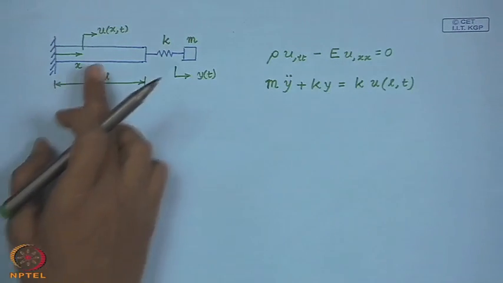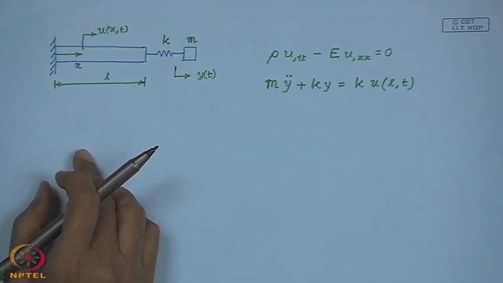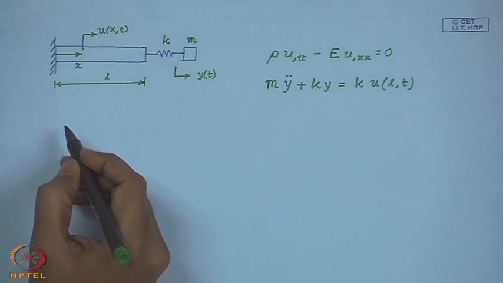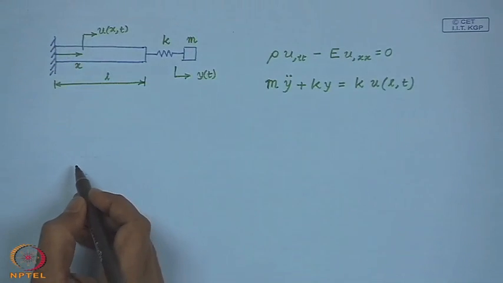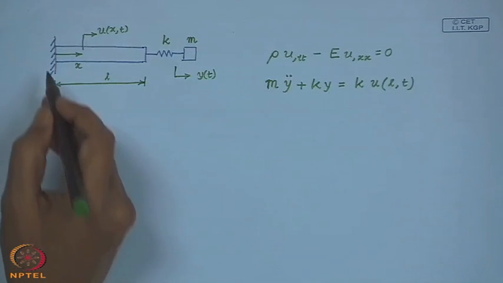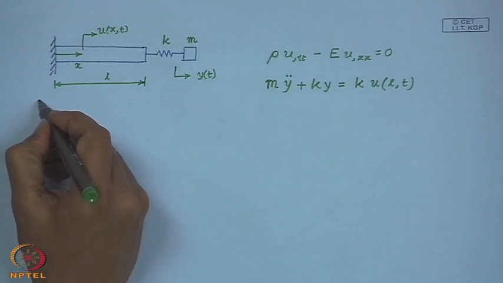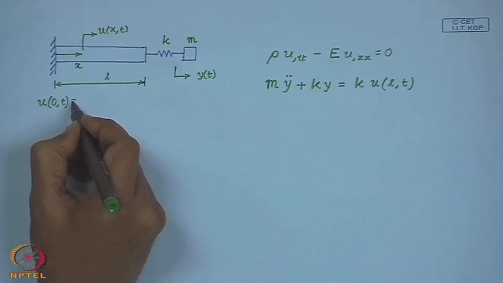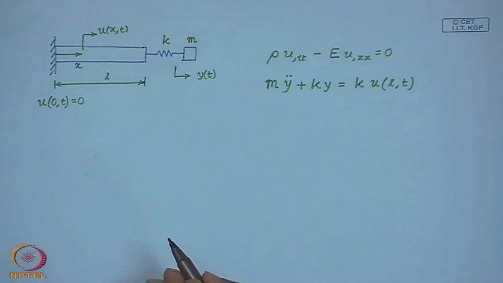Now, let us look at the conditions at the boundary. So, at this end of the bar, it is completely fixed. Therefore, we can easily write the displacement is 0 at this end.